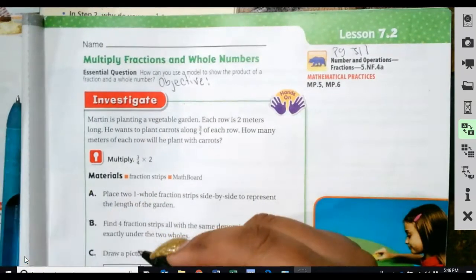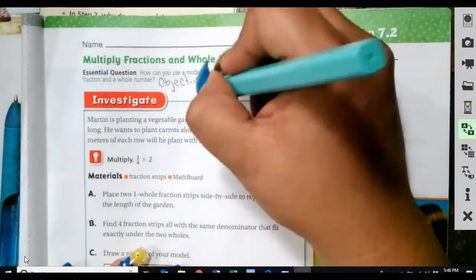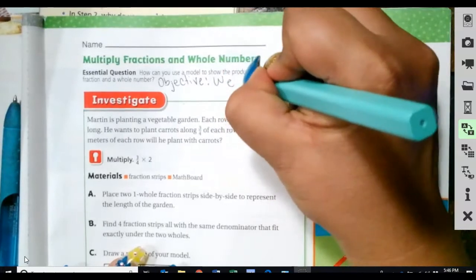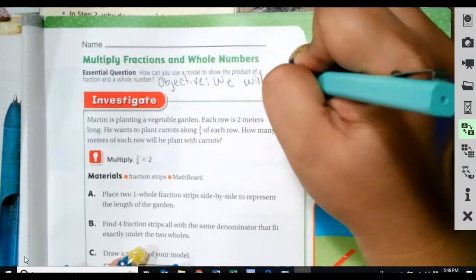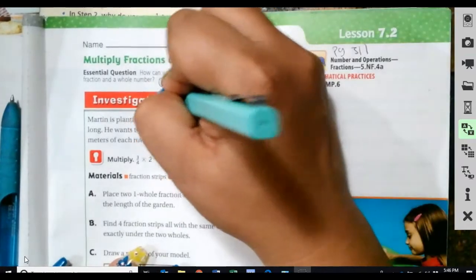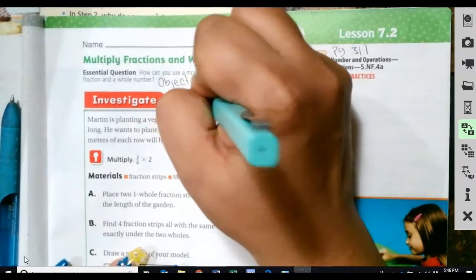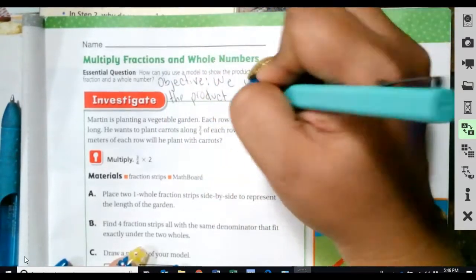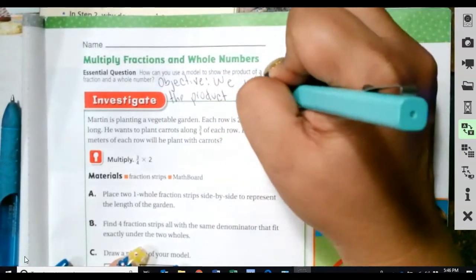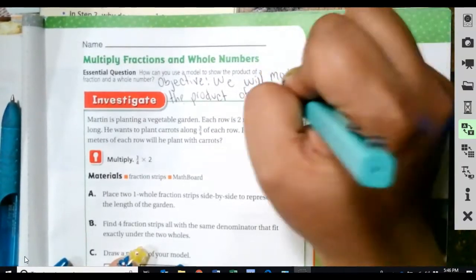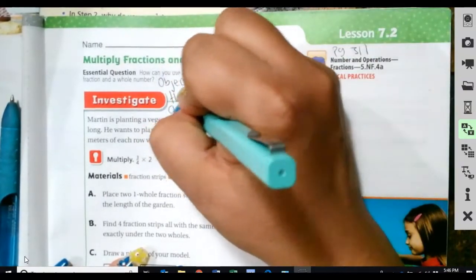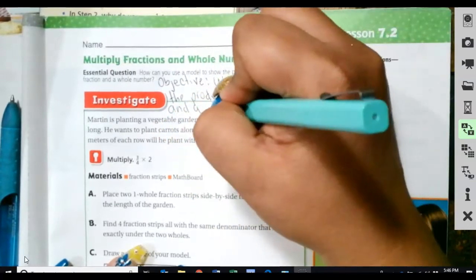The objective of this lesson is we will model the product of a fraction and a whole number.